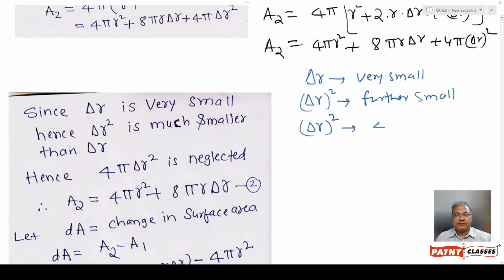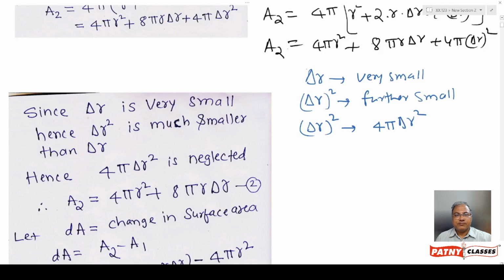That means we are going to neglect 4 pi delta r square. So what we get here: A2 equals 4 pi r square plus 8 pi r delta r. This is the A2 value.